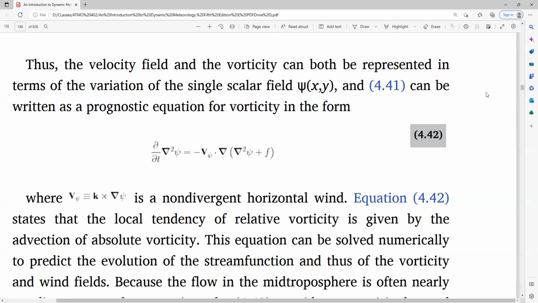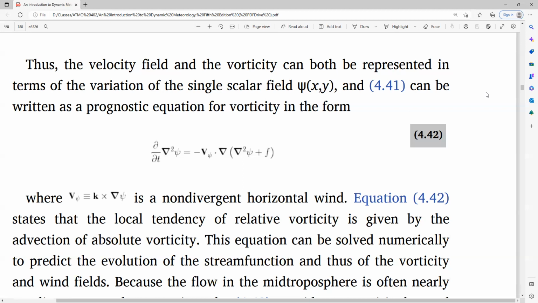And we say the atmosphere is close to geostrophic. 90% of the winds follow geostrophic. How about the other 10%? The ageostrophic part is the driving force for the change in the wind.